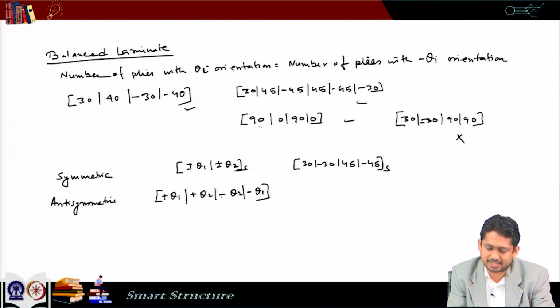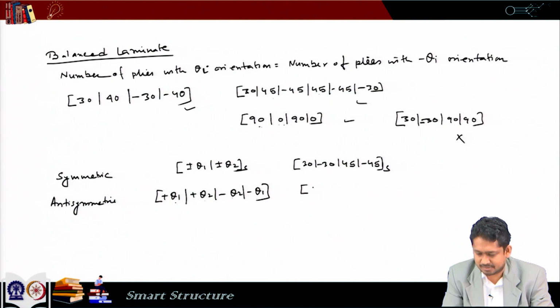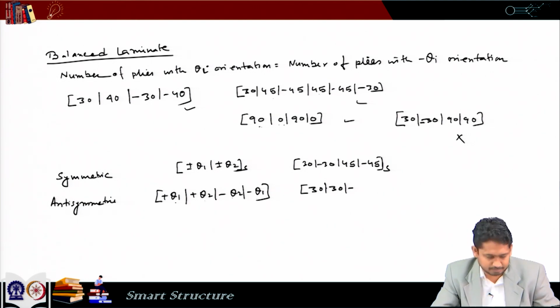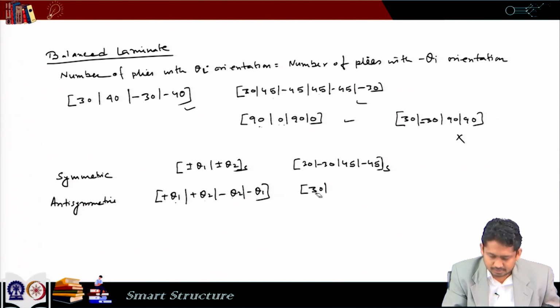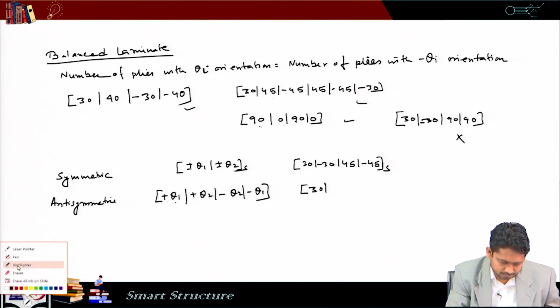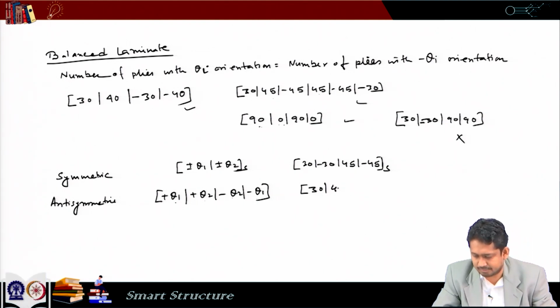So, if I have theta 2 here, I have minus theta 2 there; if I have theta 1 here, I have minus theta 1 there. An example is 30, 45, minus 45, minus 30.